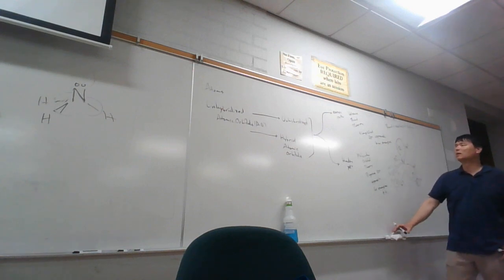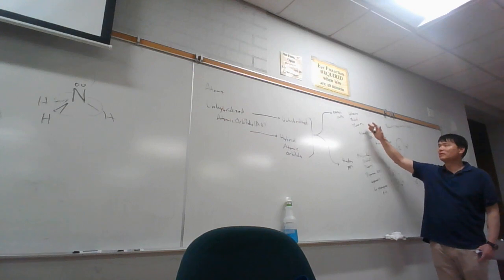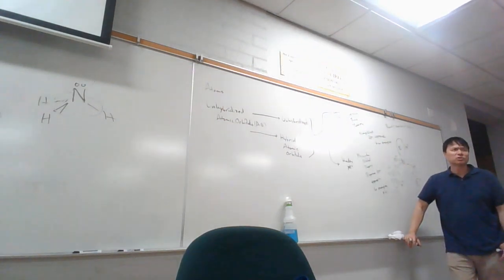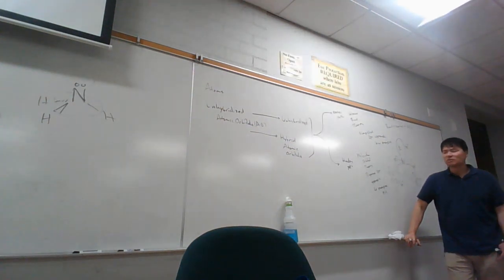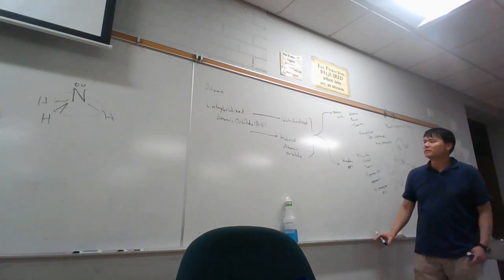And therefore, molecular orbital theory is comprehensive and rigorous. Valence bond is not. So we can get rid of valence bond entirely and just go with molecular orbital, but it would just be too much to treat everything using molecular orbital theory. What molecular orbital theory does is this.